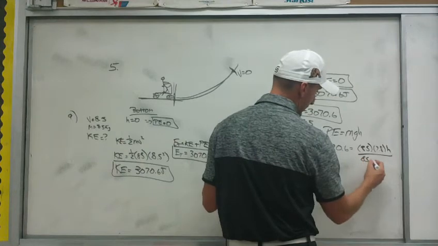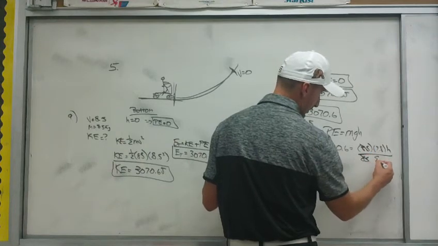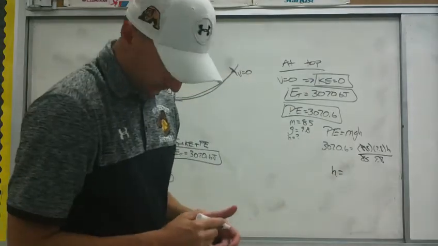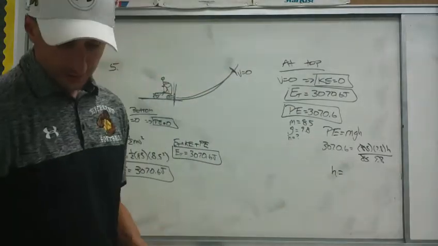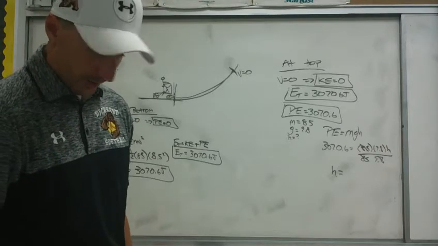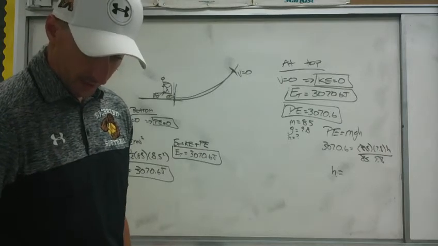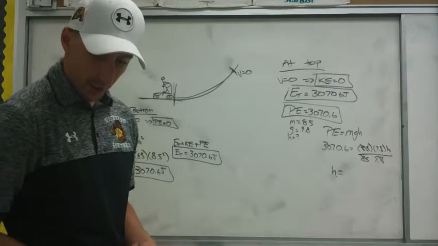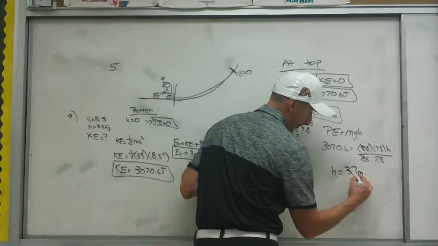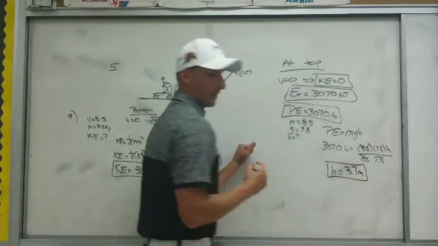Divide. 3070.6 divided by 85 divided by 9.8. And I get 3.7 meters. All right, that's the height.